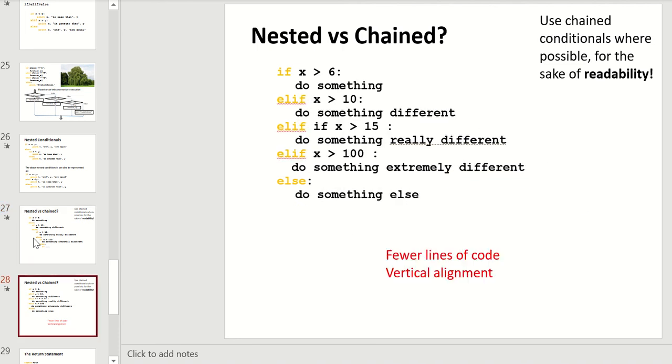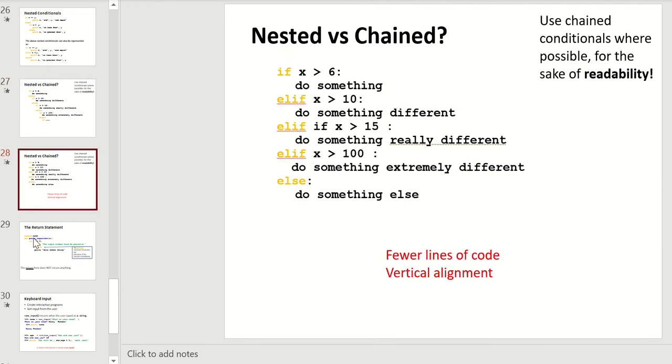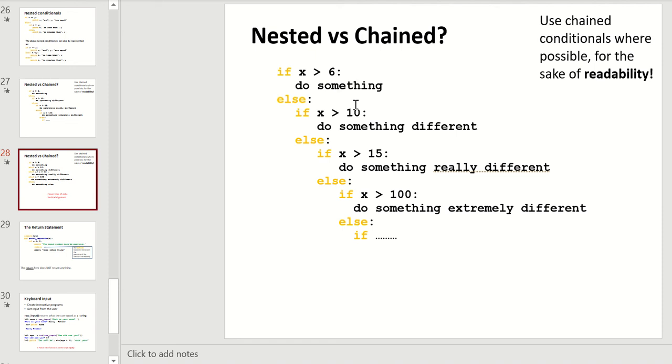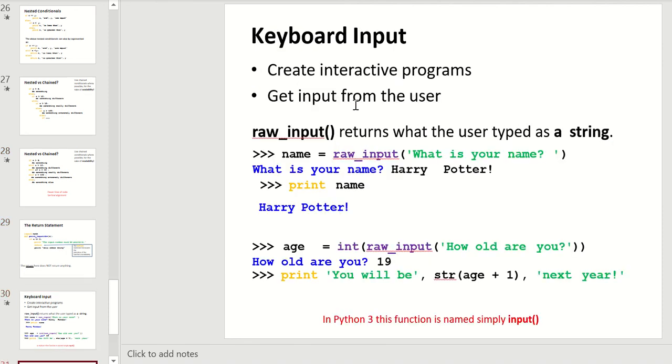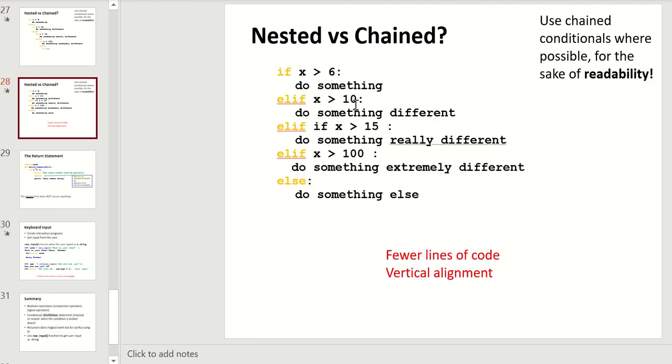I'm kind of flipping back and forth here between nested and chained. The benefit of using chained conditionals is simply on the human end, on our end. It gives us fewer lines of code, which isn't so apparent if there's only one or two branches, but if there are 4 or 5, you do get a little bit of compression, fewer lines.